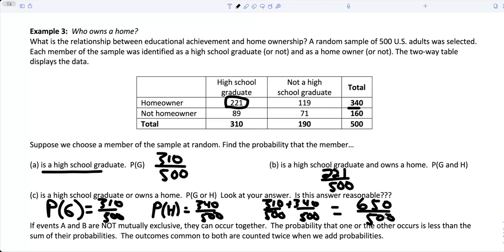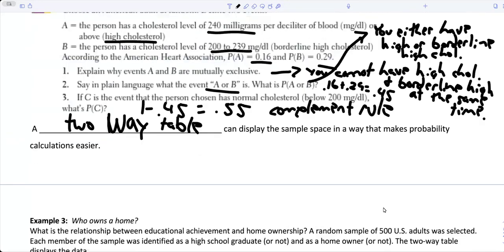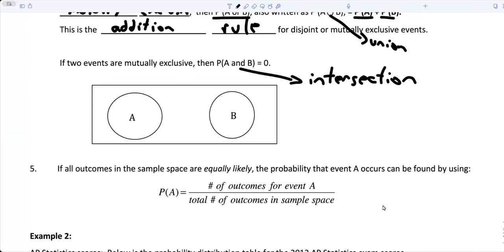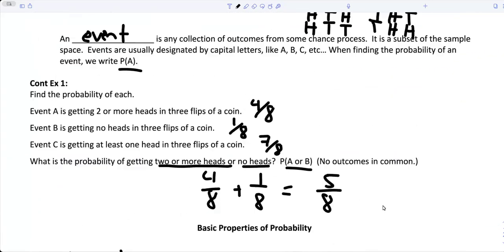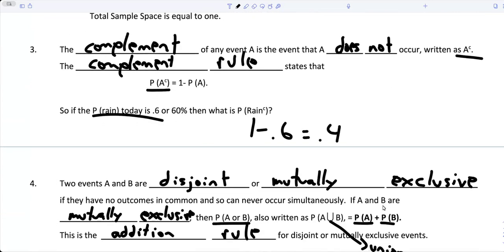Why? What is wrong? Exactly. These events are not mutually exclusive. So if we do it this way, we're going to count certain people 2 times. Okay, so go back to this. The addition rule only applies, where's it at? Right here.